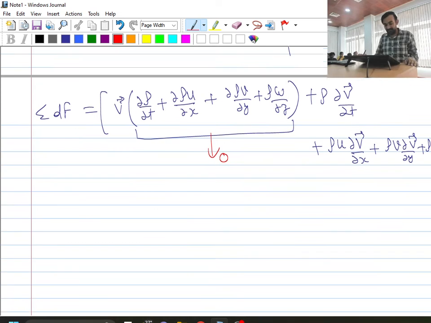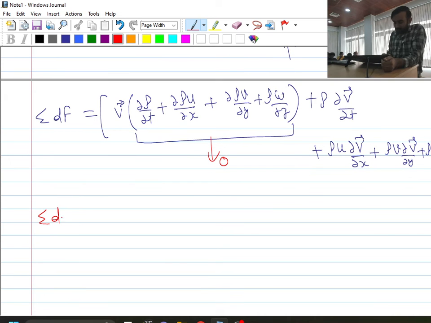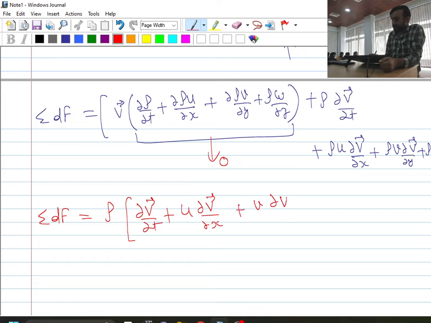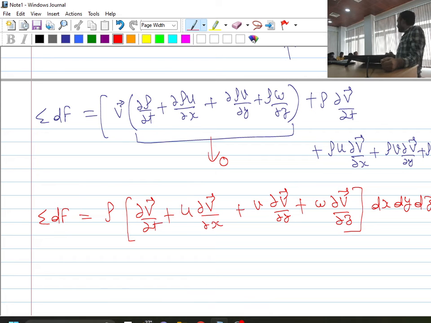So what I will be getting then, sum of all forces is equal to rho times, rho is coming common in each and everything, rho times del V vector by del t plus u times del V vector by del x plus v times del V vector by del y plus w times del V vector by del z, times dx dy dz. Is this one clear?